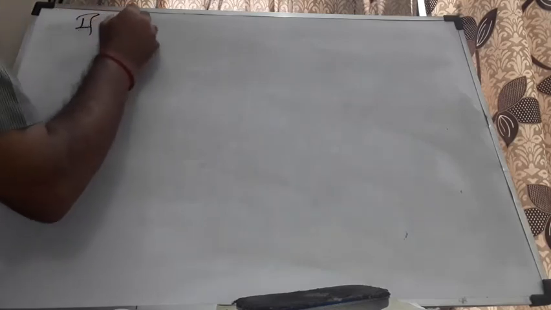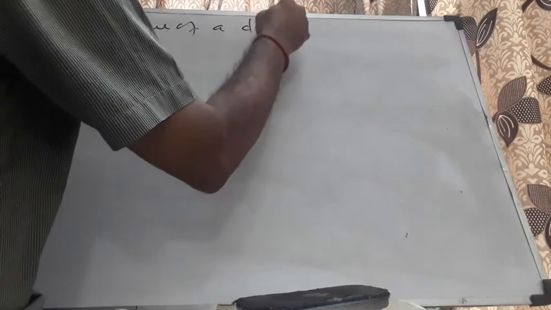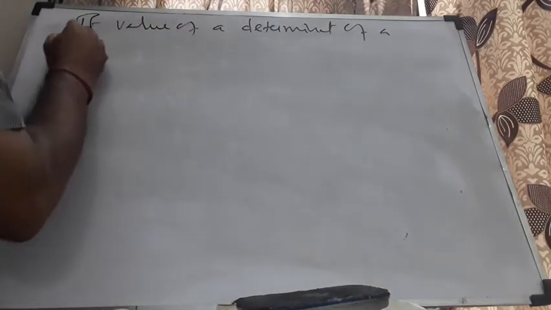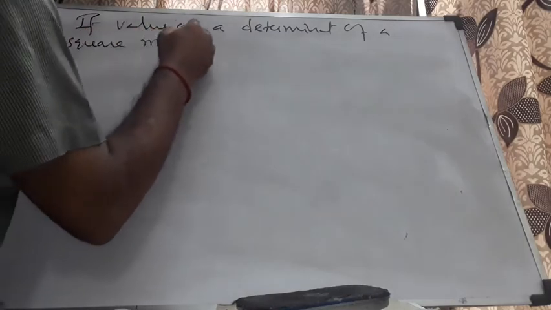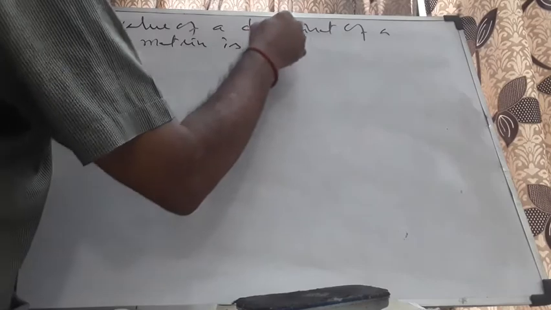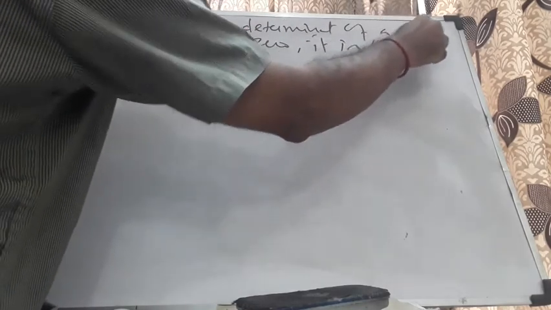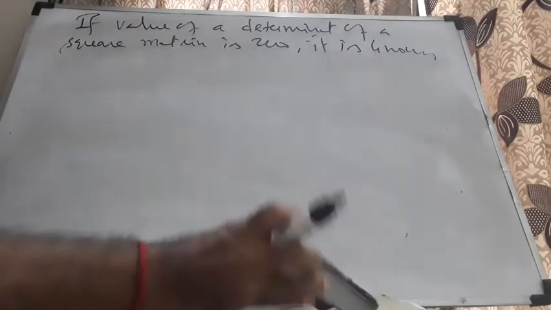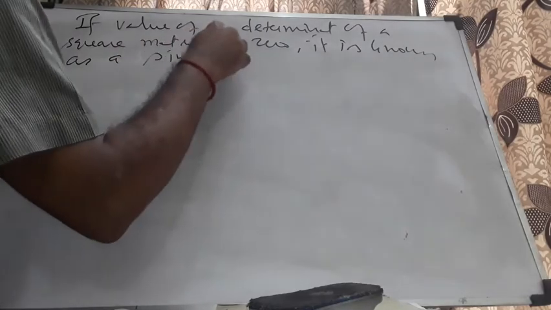Okay, if the value of a determinant of a square matrix is 0, it is known as a singular matrix. It is known as a singular matrix.